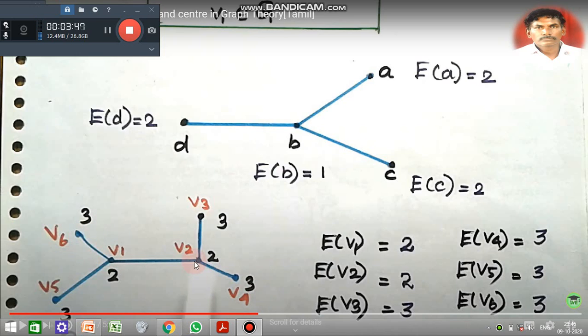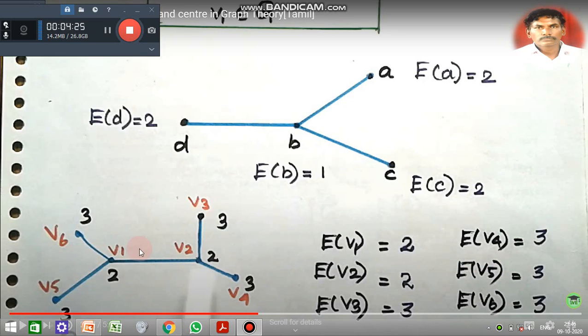One length, second length, third length. So 3 lengths away. Therefore the eccentricity of the vertex V6 is equal to 3. Similarly, the eccentricity of V5 is also 3. Why? Because the vertices V3 and V4 are the farthest vertices in this tree, 3 units away. Am I correct? Therefore the eccentricity of V5 is equal to 3.